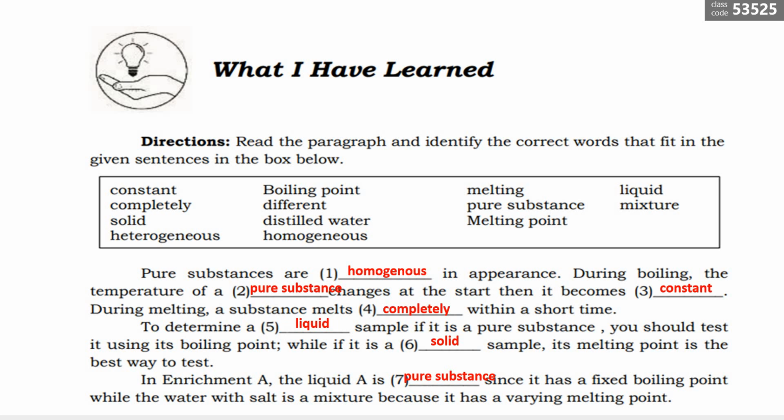And to determine a liquid sample, if it is a pure substance, you should test it using its boiling point, while if it is a solid sample, its melting point is the best way to test. In enrichment A that we had a while ago, the liquid A is a pure substance since it has a fixed boiling point, while the water with salt is a mixture because it has a varying melting point. Very good.